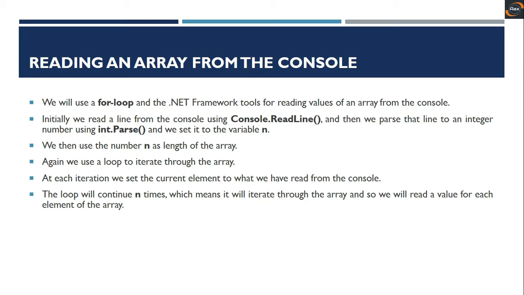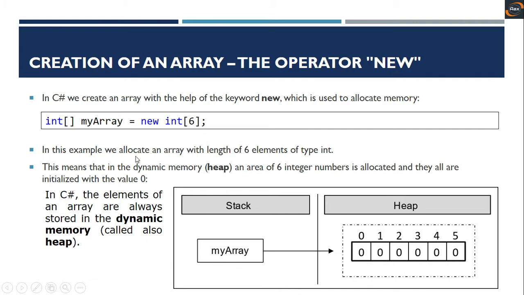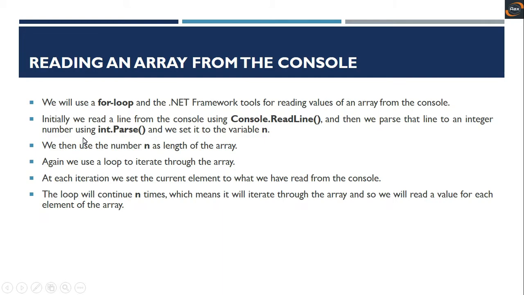How can you read elements for the array? You can use Console.ReadLine. For example, for the previous example, its data type is int. So in order to read, you can use Console.ReadLine, but we know that ReadLine returns a string as a result. So we have to parse the string value into an integer using int.Parse.